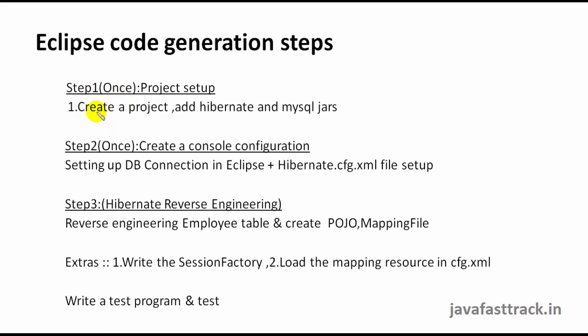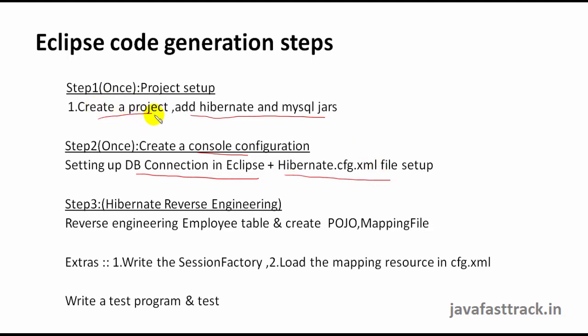In step 1, you create a project and add Hibernate and MySQL jars. Step 2 is called the console configuration, which involves setting up the database connection in Eclipse and creating the Hibernate configuration file.